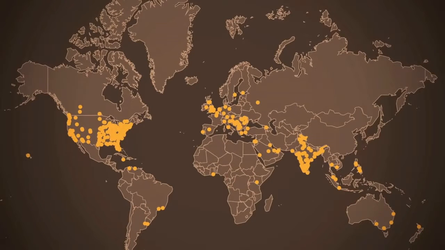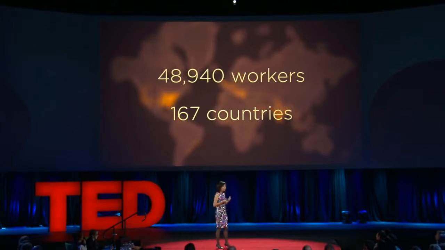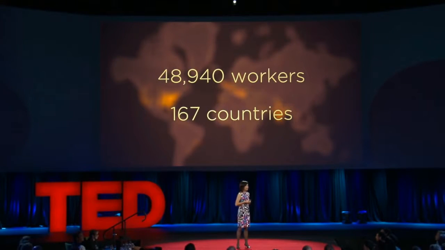Together, almost 50,000 workers from 167 countries around the world helped us to clean, sort, and label nearly 1 billion candidate images. That was how much effort it took to capture even a fraction of the imagery a child's mind takes in during the early developmental years.